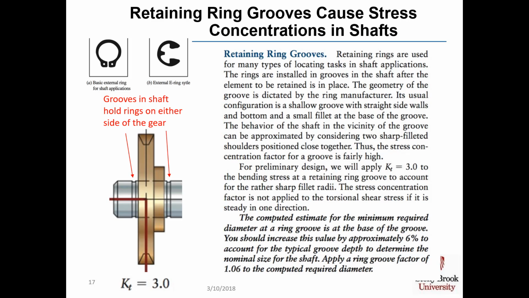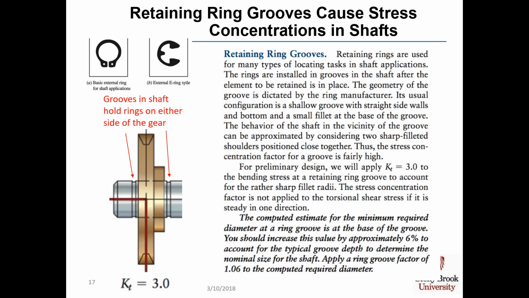Now, keep in mind a couple of things. For one, this KT equals 3.0 stress concentration factor is not applied to torsional shear stress if it's steady in one direction. It's really more there for the reversed bending. And then the second thing, and this is kind of subtle, is that when you calculate your minimum shaft diameter, you're actually calculating the minimum shaft diameter at the base of the ring groove.